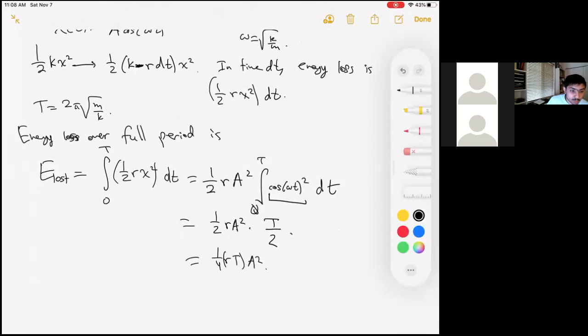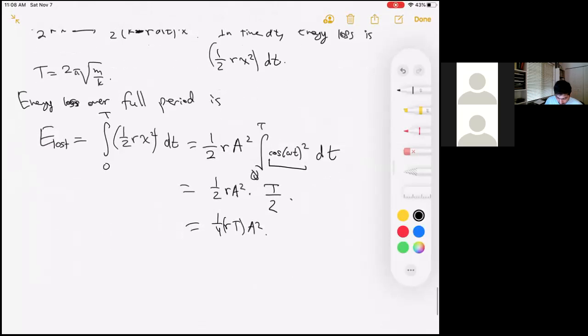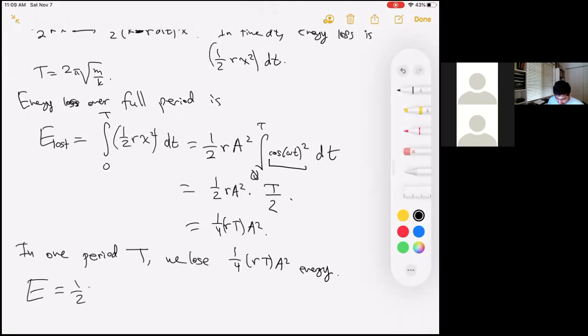So what we've got now is that in one period T, we lose energy 1/4 RT A squared. Now let's shift our time scale to the global year-long time scale. What is slowly decaying? The overall energy is always 1/2 KA squared.